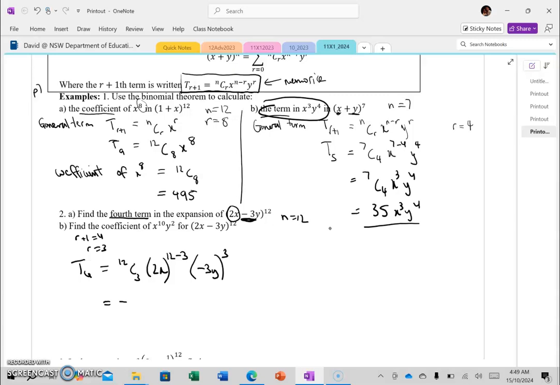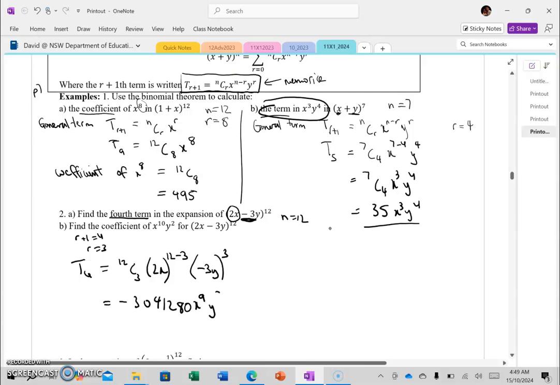So in my calculator, I put 12C3, 2 to the power of 9, 3 to the power of 3. And when I did that, I got an answer of, it's a big number, 3041280. x will be raised to the power of 12 minus 3, which is 9. y will be raised to the power of 3. So that's the fourth term there of that expansion.